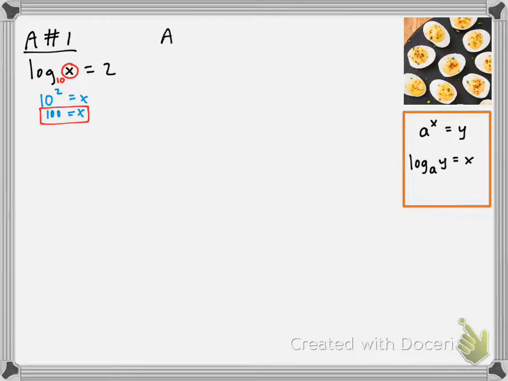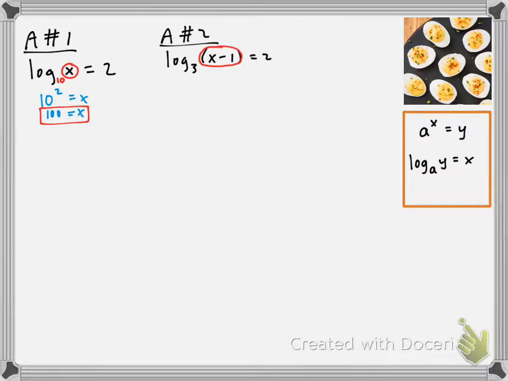Now for our second example, so A number 2, appetizer number 2, we're going to crank it up just a little bit, but again, there's really only one, maybe two steps in the appetizer problems. So when we get a problem like this, we see, again, we want to recognize where is our variable, and our variable is locked up in the argument.